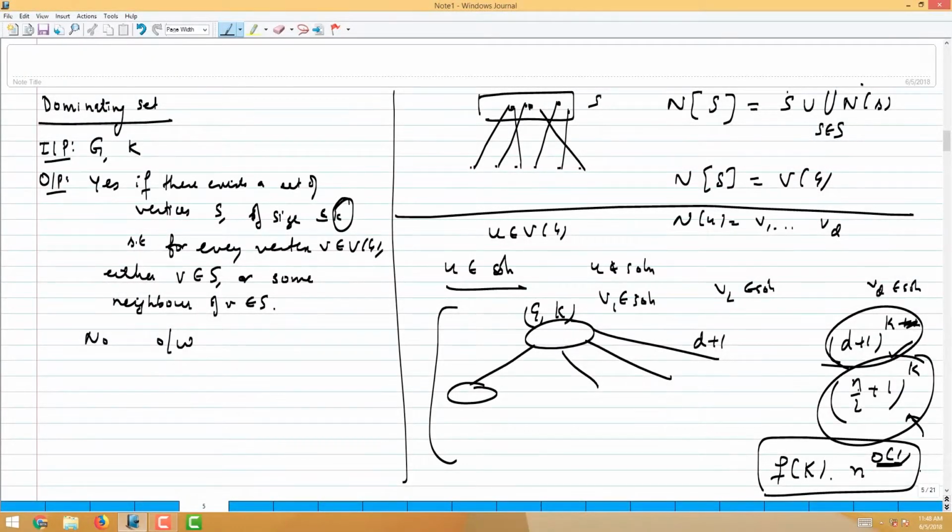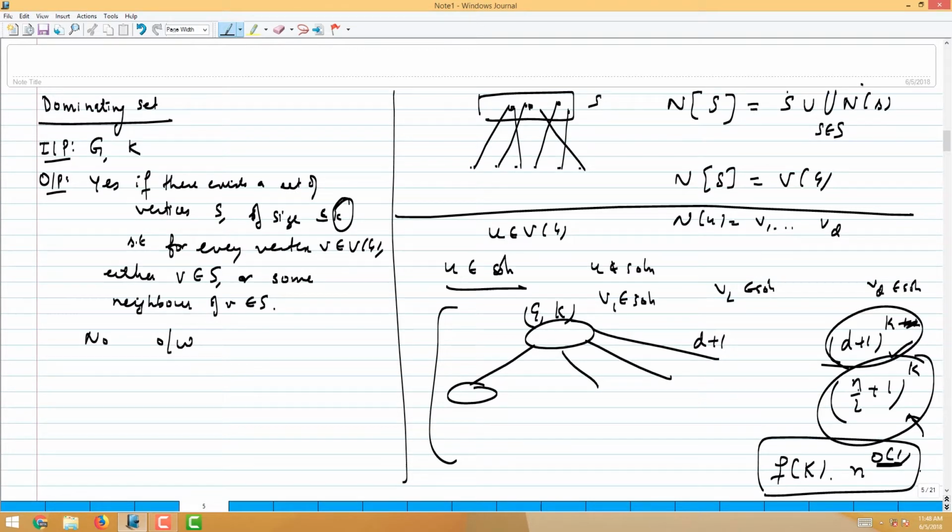But that can't happen, because dominating set cannot have an algorithm of this form. There is a theory of hardness behind these kinds of problems. We'll probably see in the last lecture why dominating set can't have such an algorithm, of course assuming certain conjectures which people believe to be true.